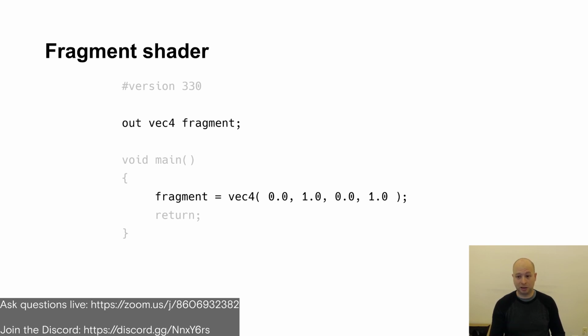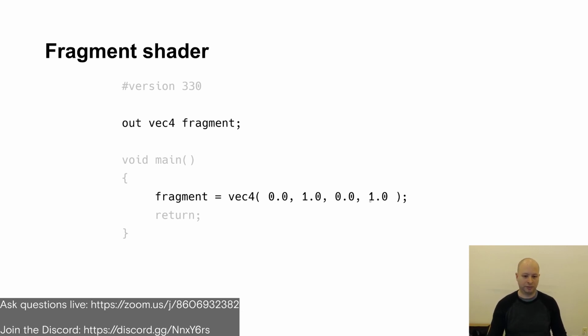Actually, what's the fourth value? This is actually a color that the fragment shader is outputting. So what is the fourth value? That's the alpha. And if you're doing any kind of transparency, alpha blending things, this is a very important thing. You'll notice that 1.0 is usually the default value whenever you're outputting stuff.